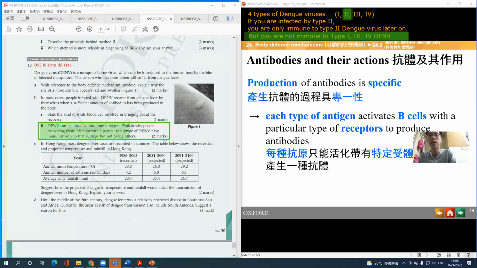Okay, so basically you have to mention the production of antibodies as specific. Or you can say our immunological memory is specific.